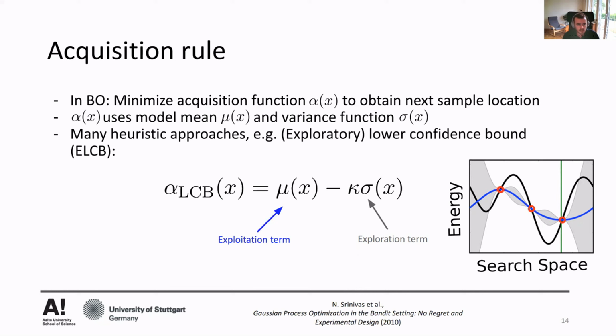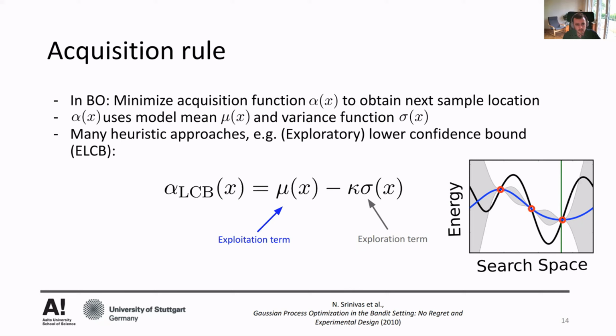And this alpha then gets small either if the mean function becomes small. So these are the low energy regions that we would be interested to learn about. Or if the variance becomes large, because there's a minus sign in front of the variance. So in regions of the search space where we don't have a lot of information yet. And we call this sampling in low energy regions exploitation, and in these unknown regions exploration.